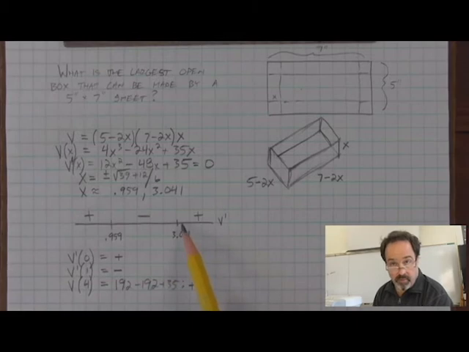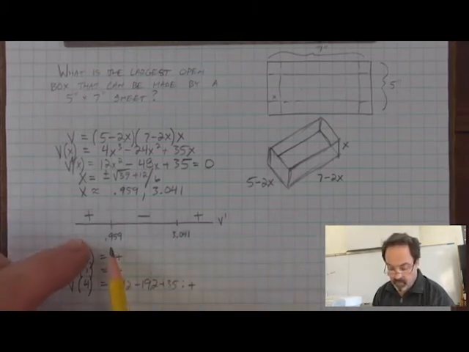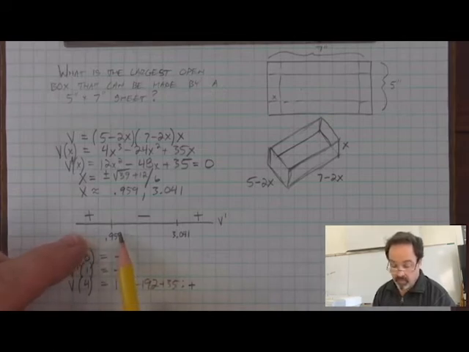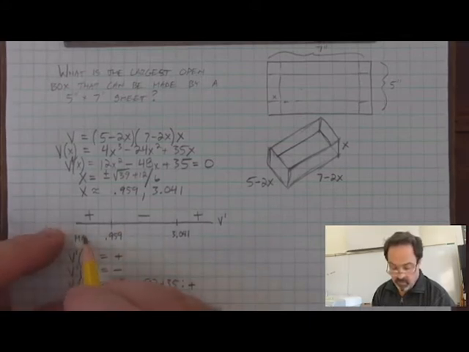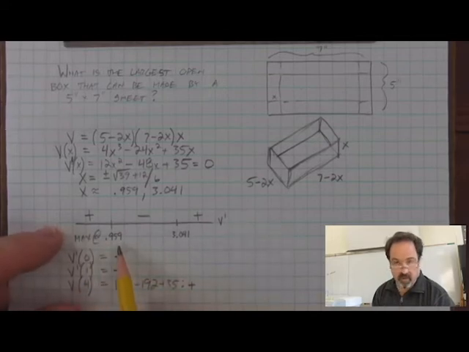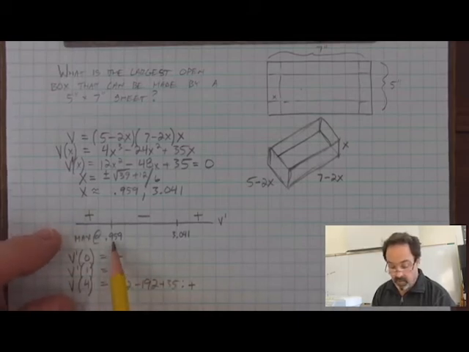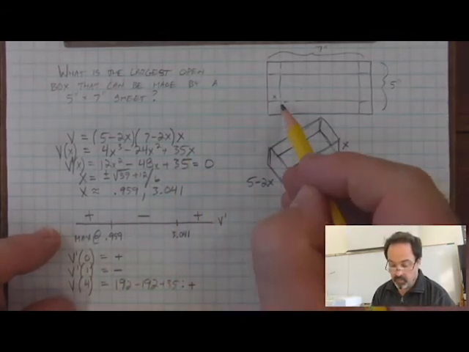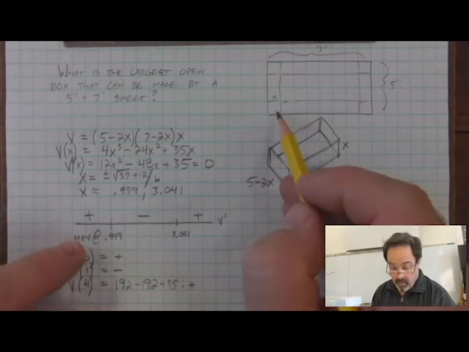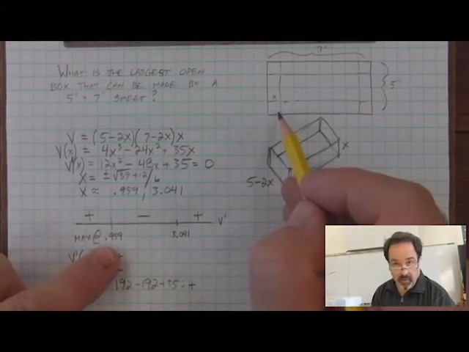So at these critical points, we can now justify that 0.959 is a maximum because the function is increasing, then reaches its peak here and is decreasing afterwards. We have a max at 0.959, which is what we're looking for. We're looking for the largest volume. And the largest volume will have a cut, that's what x represents, a corner cut out whose dimensions are a square of 0.959 on a side.